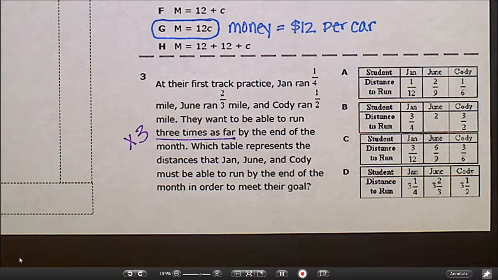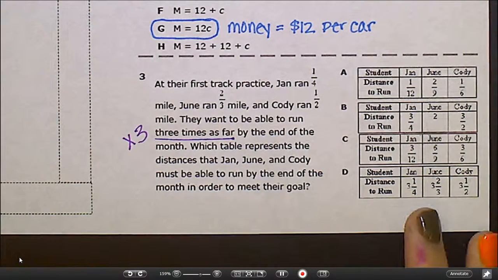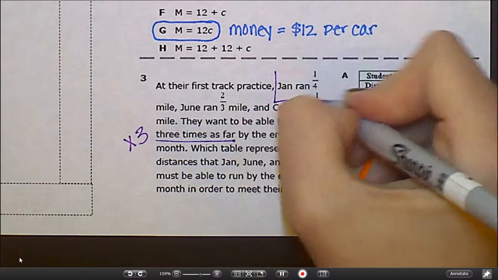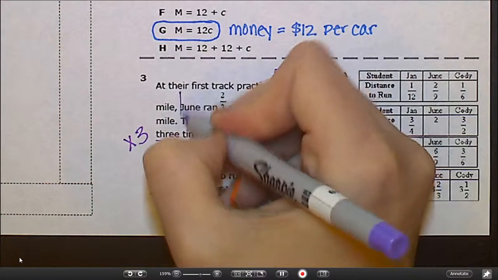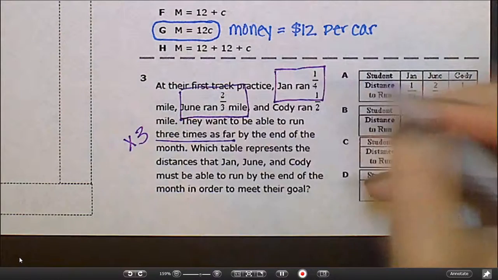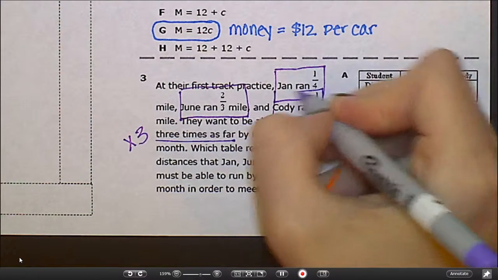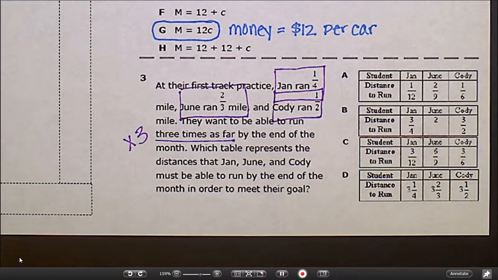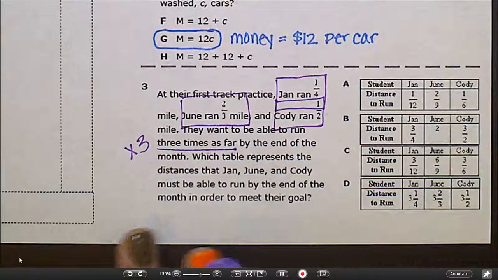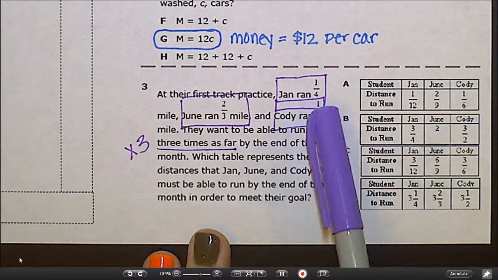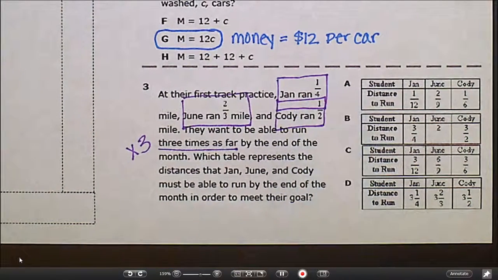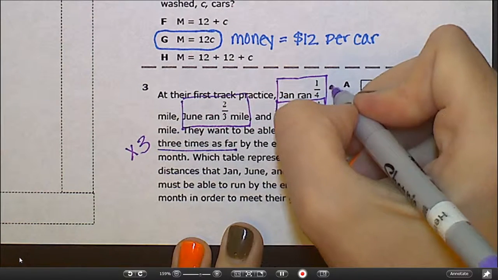So I have Jan at 1/4 mile, June at 2/3 of a mile, and Cody at 1/2 a mile. And I need to multiply all of these times 3. One option that you have is to turn everything into a decimal. So I could turn 1/4 into 0.25.